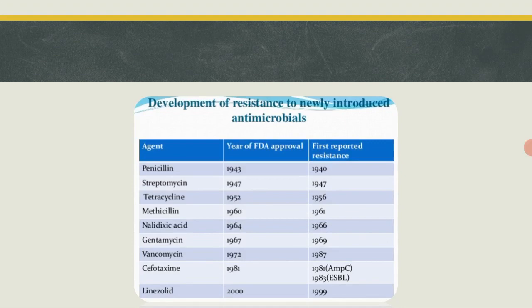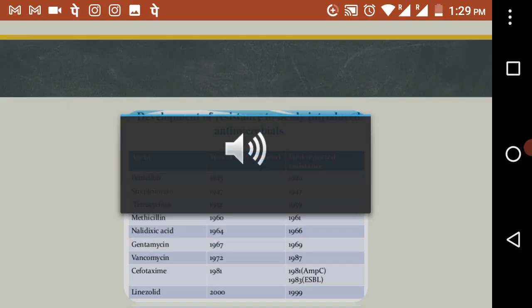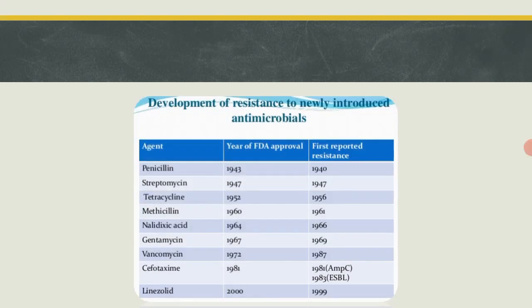Like that we have different examples of antimicrobial agents, and against them we can compare the time duration of developing resistance. If we look clearly, there is not much time in between the approval of the drug and the development of resistance. So resistance is a property which bacteria or pathogens develop very quickly.